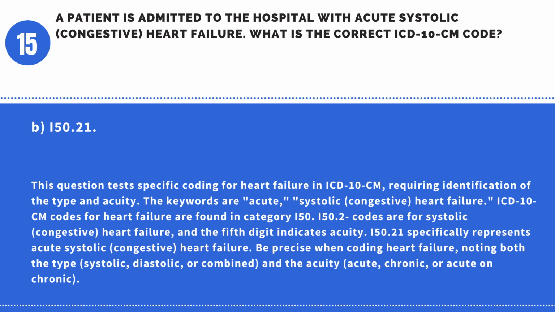I50.2 codes are for systolic, congestive, heart failure, and the fifth digit indicates acuity. I50.21 specifically represents acute systolic, congestive, heart failure. Be precise when coding heart failure, noting both the type, systolic, diastolic, or combined, and the acuity, acute, chronic, or acute on chronic.